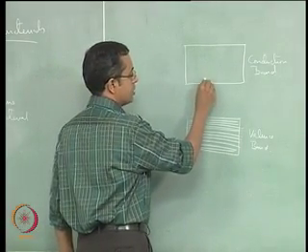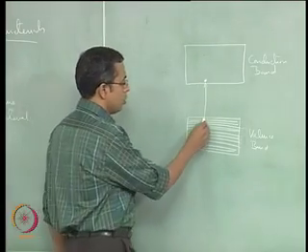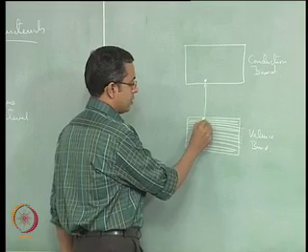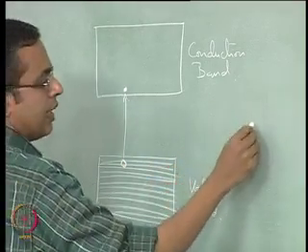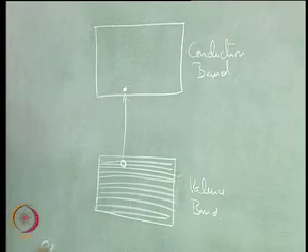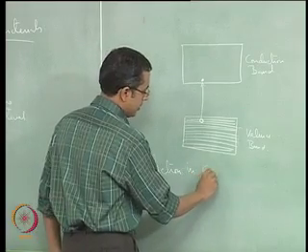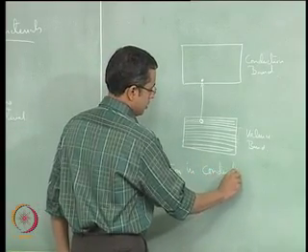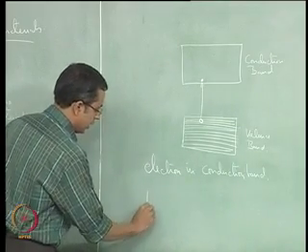We now have an electron sitting here in the conduction band, and we have a hole sitting here in the valence band. Okay. So, when we do one transfer, we have an electron in the conduction band, and we have a hole in the valence band.